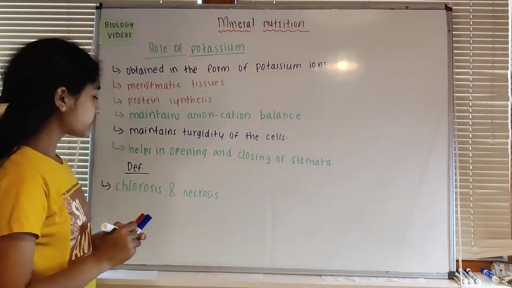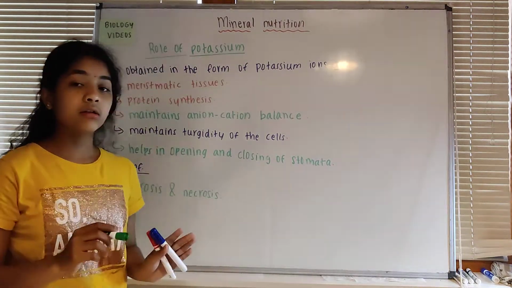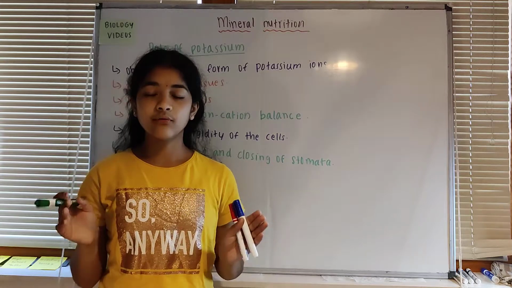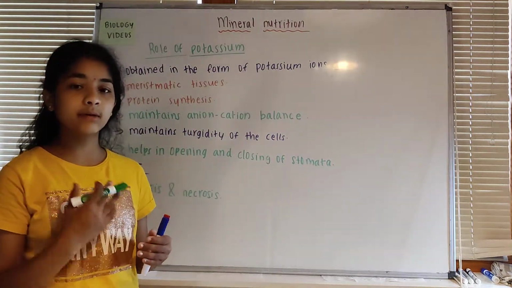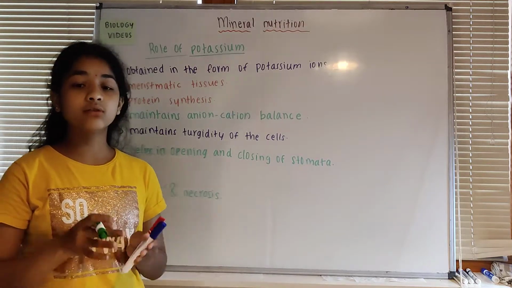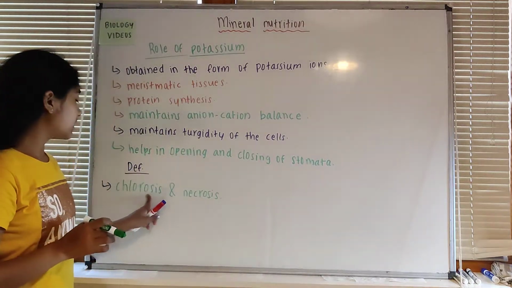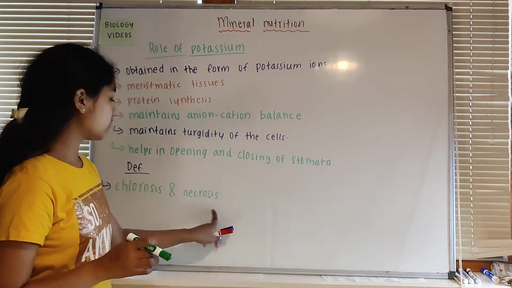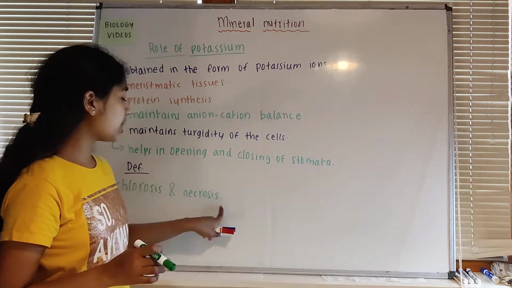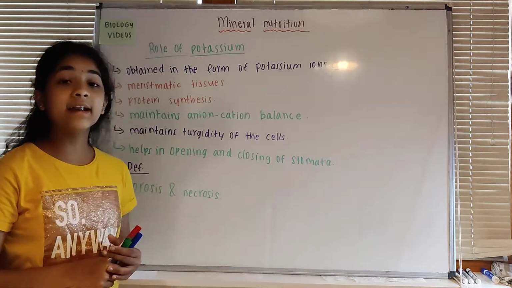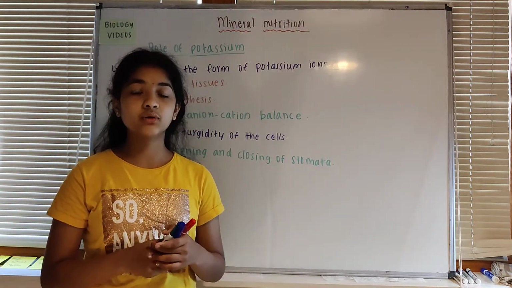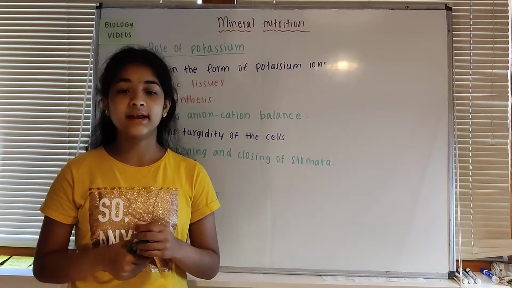Chlorosis is the yellowing of leaves due to the lack of chlorophyll pigment in it. The leaves turn yellow in color, or they lose pigment basically. So that is chlorosis. In necrosis, what happens? Necrosis is basically dead tissue. So the tissue in the leaf becomes dead.